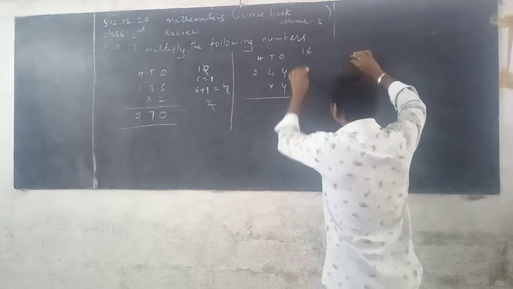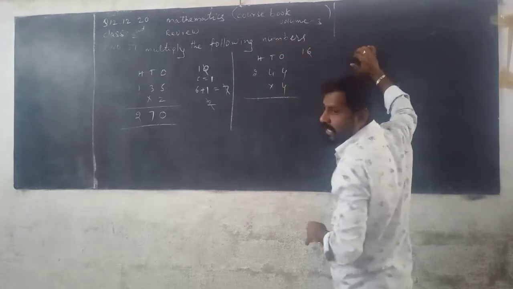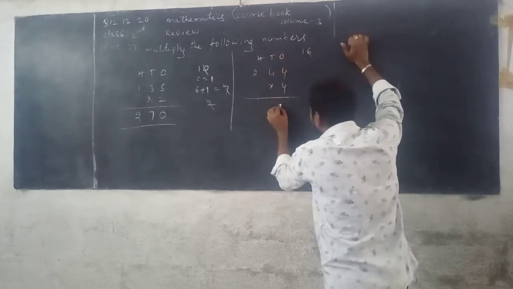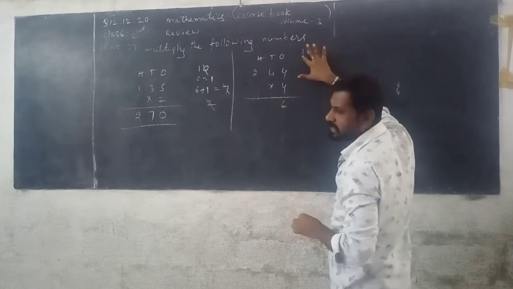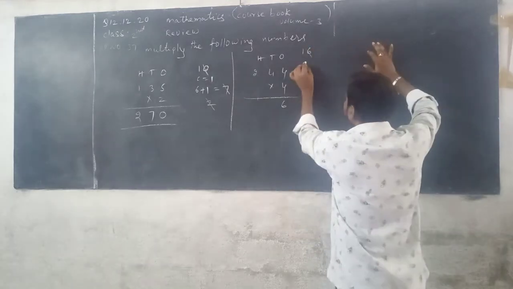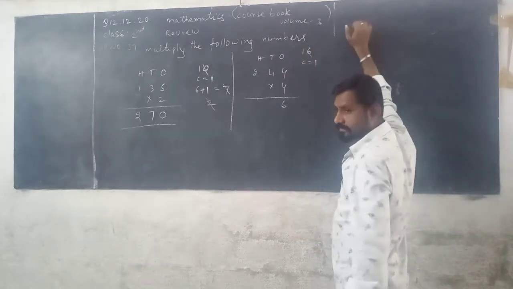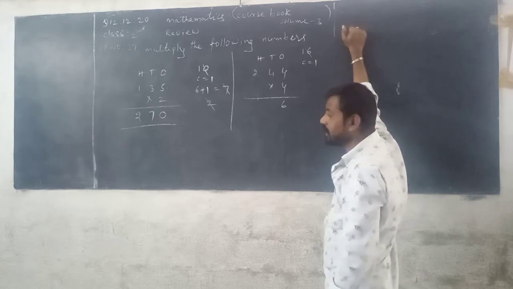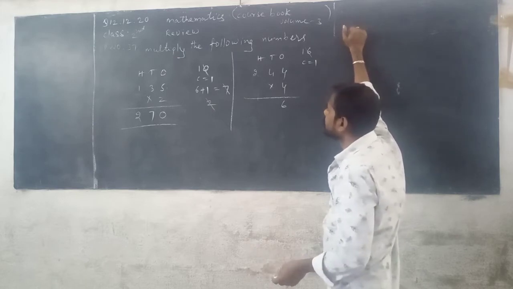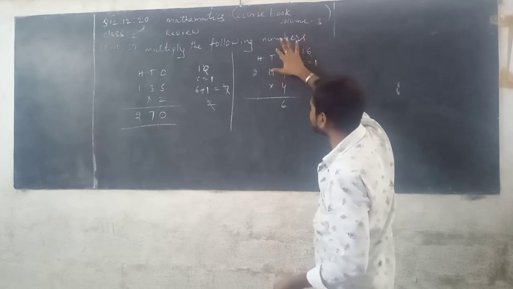In it, 6 is taking; write it down as the product of the ones column. Then 1 is left, so 1 is carrying.